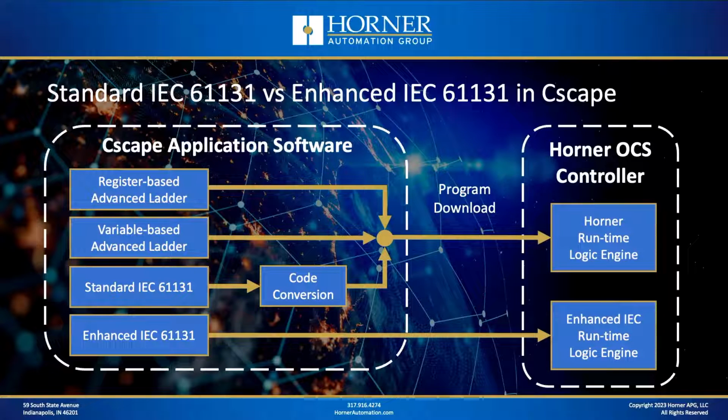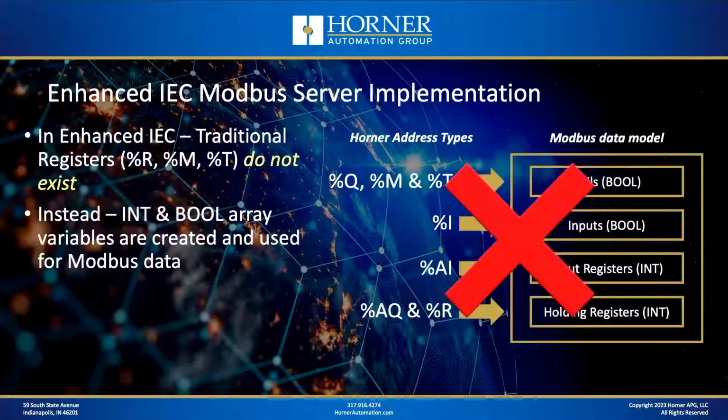Now, one of the things, though, that happens with the enhanced IEC is that there is no underlying register base to enhanced IEC. So traditional registers for internal storage like R's, M's, and T's do not exist.